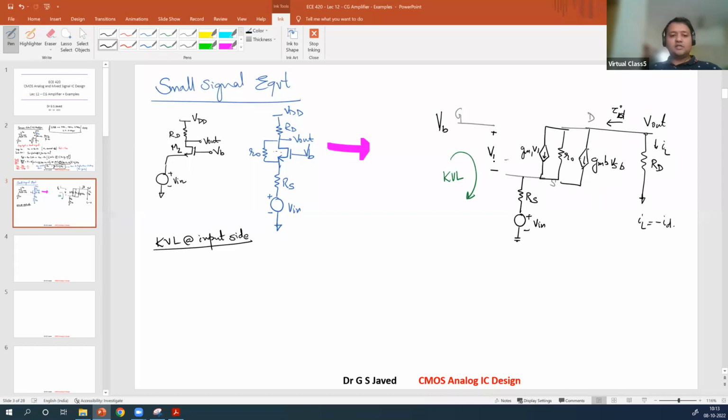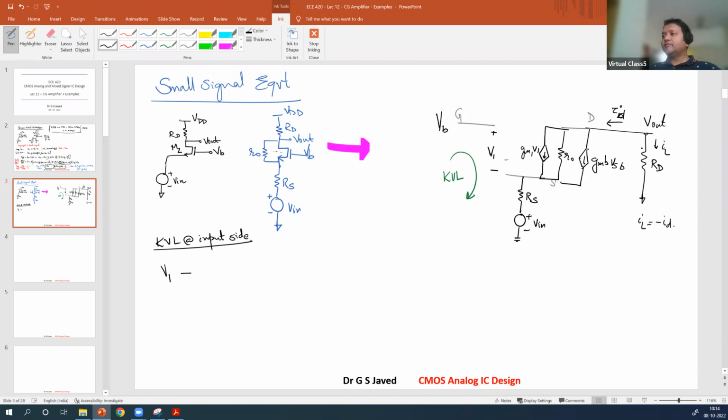V1 plus the drop across this VS plus VN. These are the three terminals, but each one is taken in the negative sense. So you will start off with V1, then go negative, minus voltage drop across this. So what is the voltage drop? This value, V out by RD.